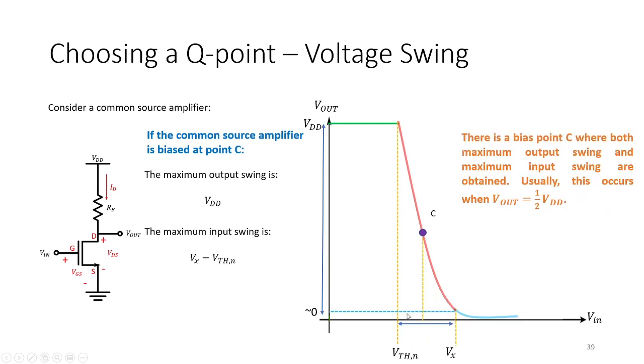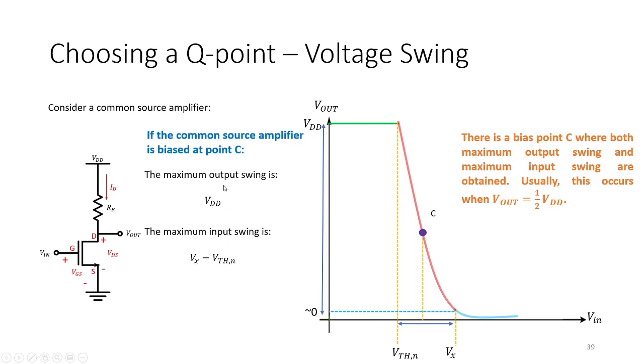So we are limited here because of reaching the lower limit. Ideally, if you want to maximize your swing, you want to bias it at a certain point C, where Vout equals 1/2 of the supply, just like what we discussed earlier: if you want to maximize the swings, you want to operate at the middle. So the maximum output swing now is VDD minus, this is almost 0. It is not exactly 0, because we cannot force this to be 0, so we just approximate this to be 0.